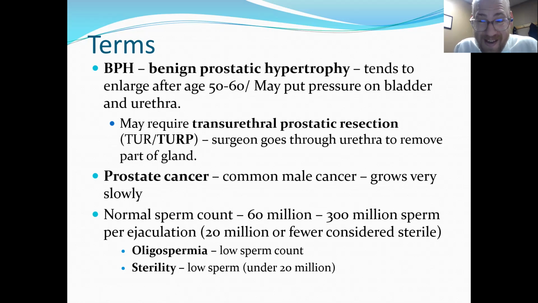Between 20 and 60 million is considered oligospermia, and anything under 20 million sperm per sample of semen is considered sterility. So that's some general information regarding male sterility as well.